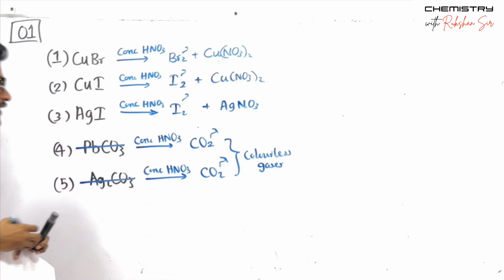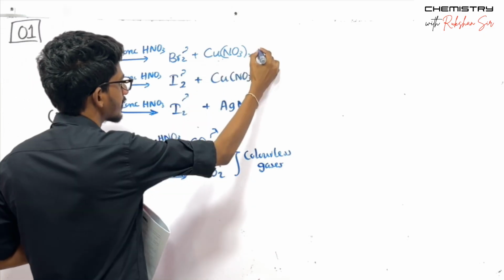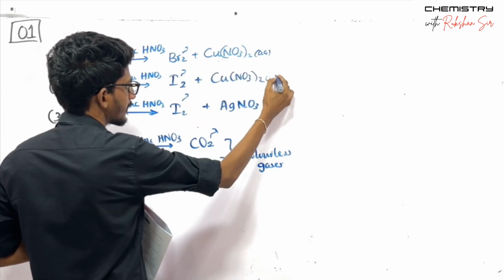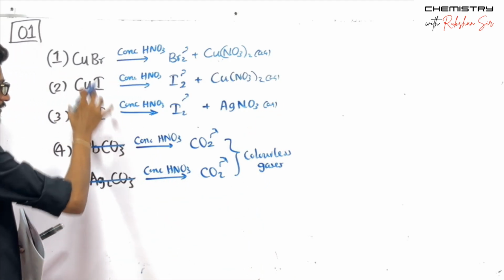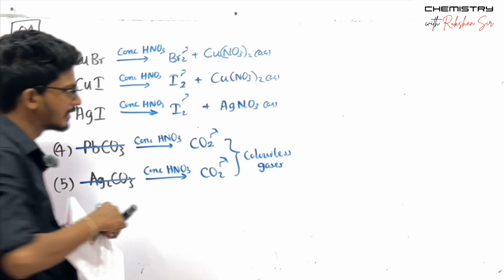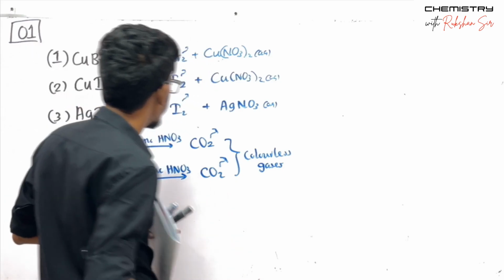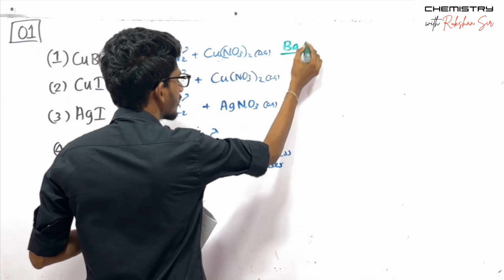And as the second test, what they are doing to these solutions, which resulted after the addition of conc HNO3, is providing barium chloride. They are adding the barium chloride to this.